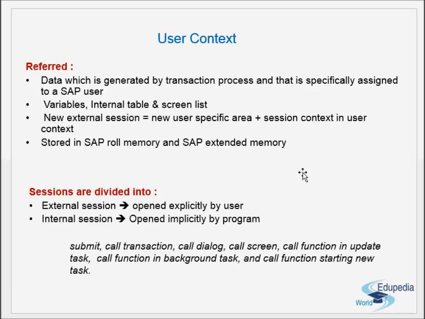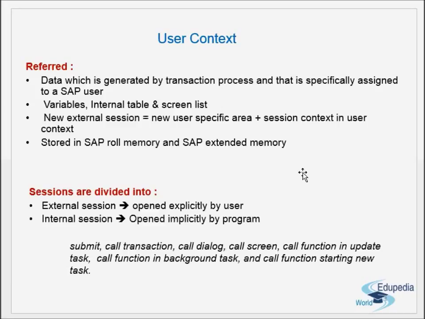Here we have a terminology known as user context. This is the data which is generated by a transaction, a process. A user executes a transaction, and it's executed by a process.